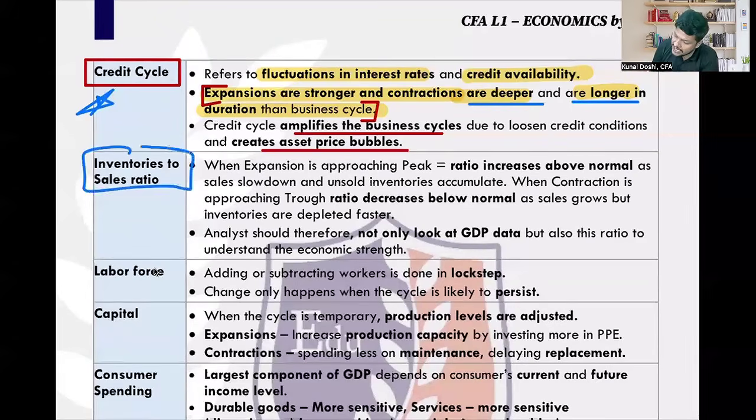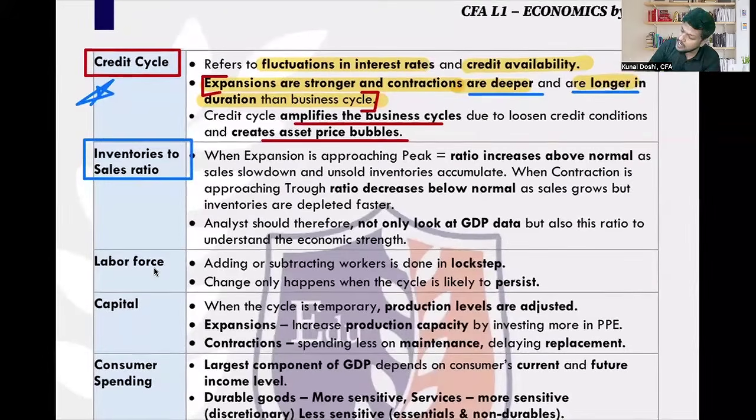The second important is the inventory to sales ratio, the lagging indicator, right? See, inventory over sales. Now, when the economy is moving from expansion to peak, it is going from expansion to the extreme high level. At that time, one very interesting thing happens: you keep your inventories at the highest level, but the sales have now started falling down.